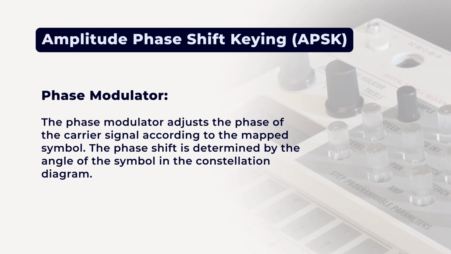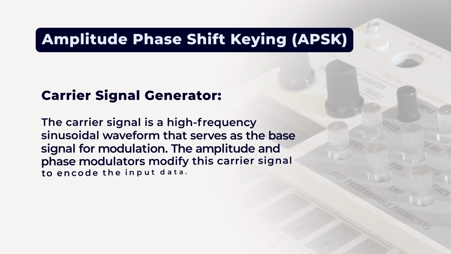Phase modulator. The phase modulator adjusts the phase of the carrier according to the mapped symbol. The phase shift is determined by the angle of the symbol in the constellation diagram. Carrier signal generator. The carrier signal is a high frequency sinusoidal waveform that serves as a base signal for modulation.